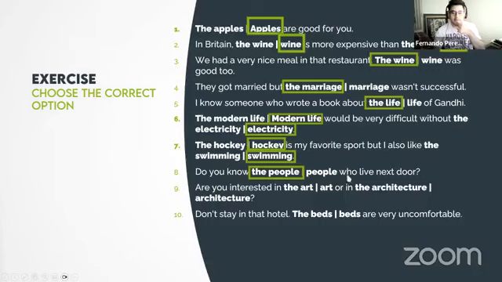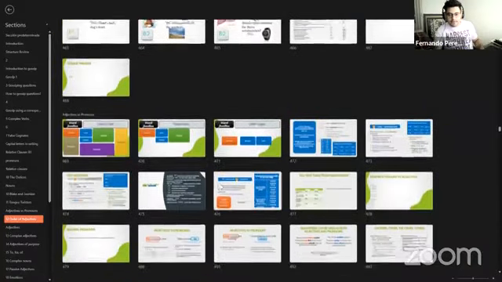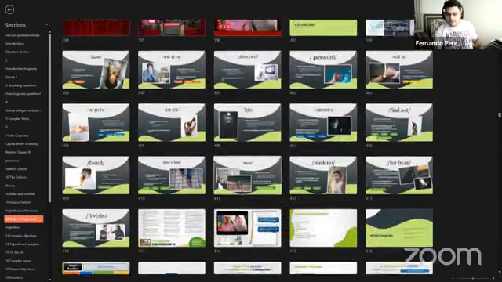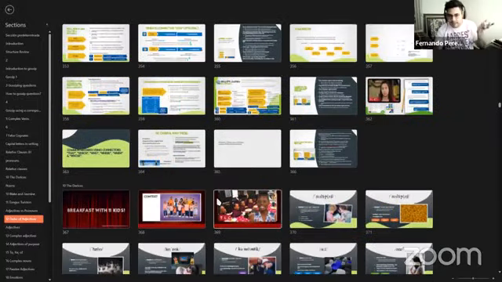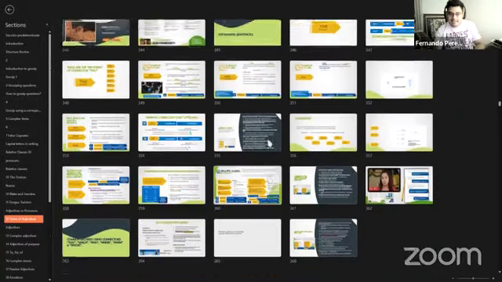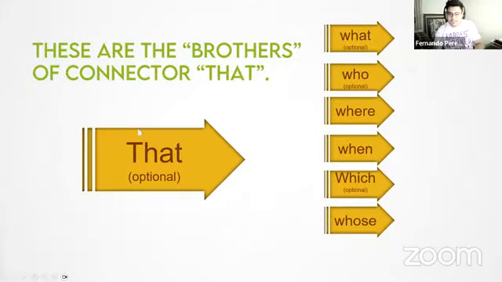Because if you are giving more information, we are expanding the idea using who, which, etc., you need the article. It's specific. Take a note, people. It is necessary when you use these connectors.